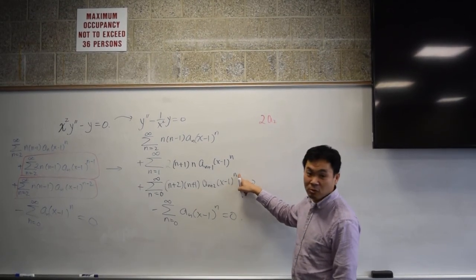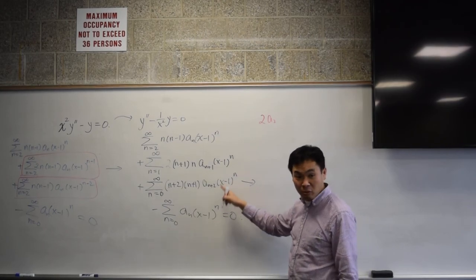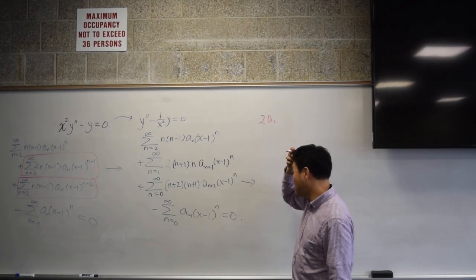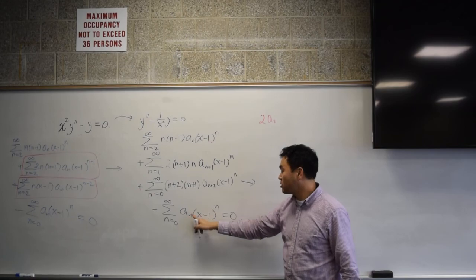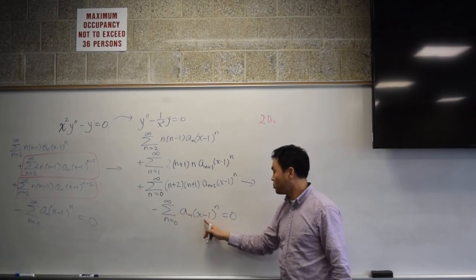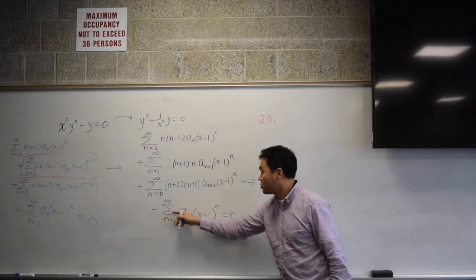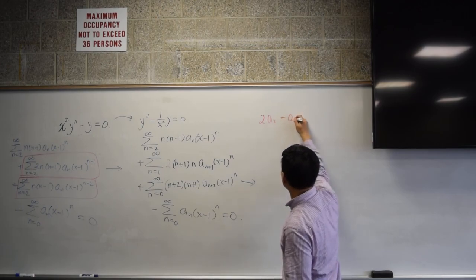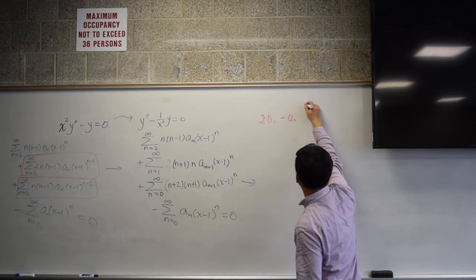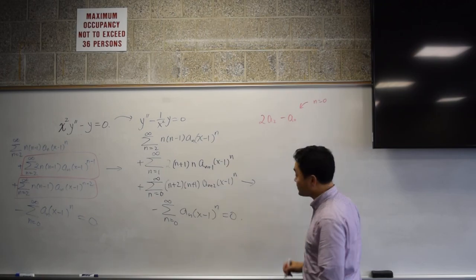X minus 1 to the 0th power doesn't give you anything. Anything to the 0th power is 1, so there's nothing there. And if I plug in 0 here, it's a0, and again, this is just 1, so I get minus a0. That's what you get for n equal to 0.